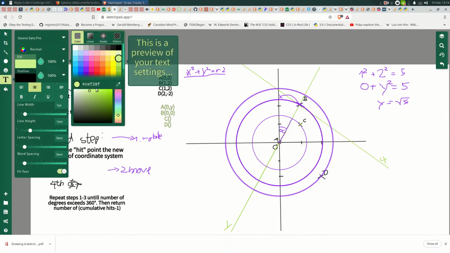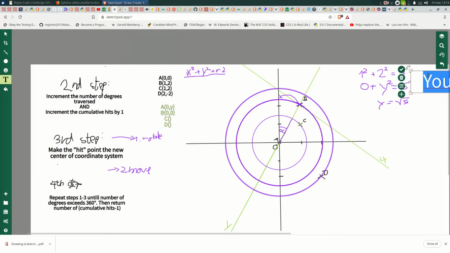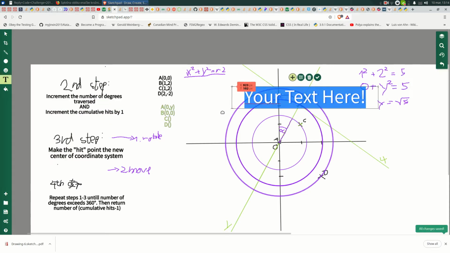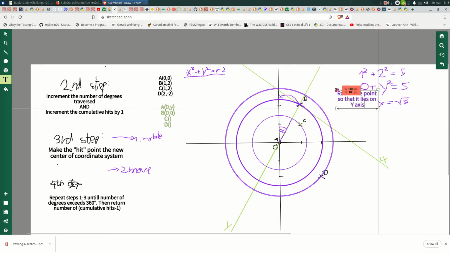Let's make a text over here. So we say here, move. Rotate the point so that it lies on the y axis. So we rotate the point so it lies on the y axis.